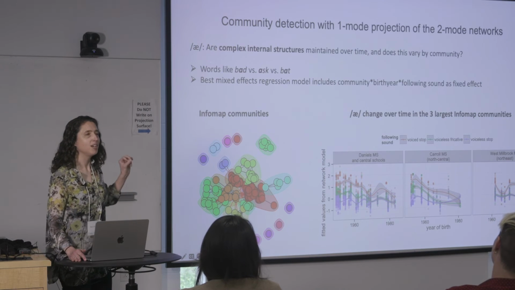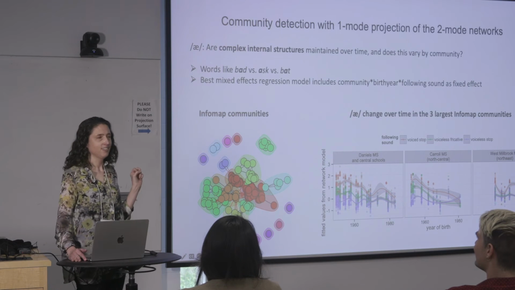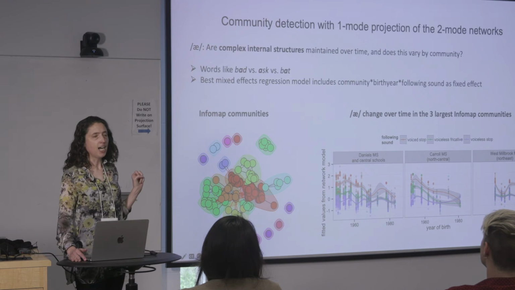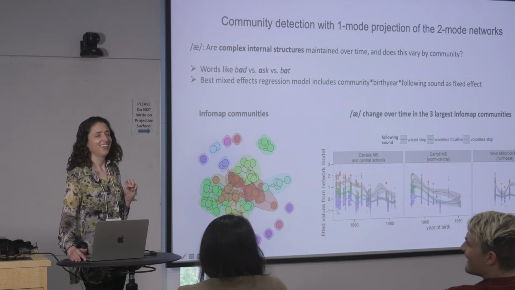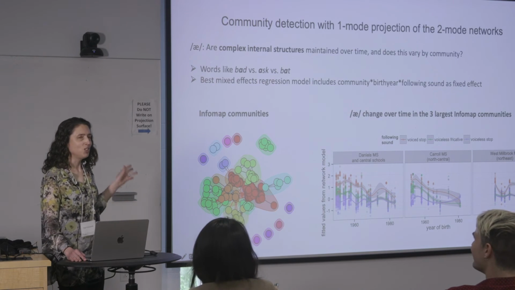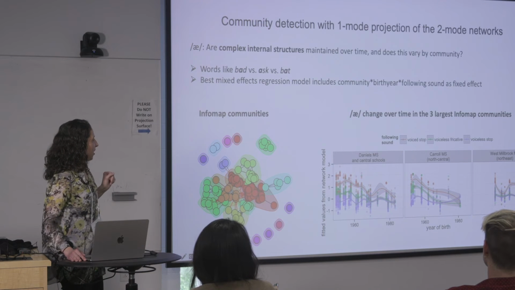Or they might sound like bad, ask, bat. Or if you're really young, bad, ask, bat. So this is a really complex feature, and it's been changing a lot over time.